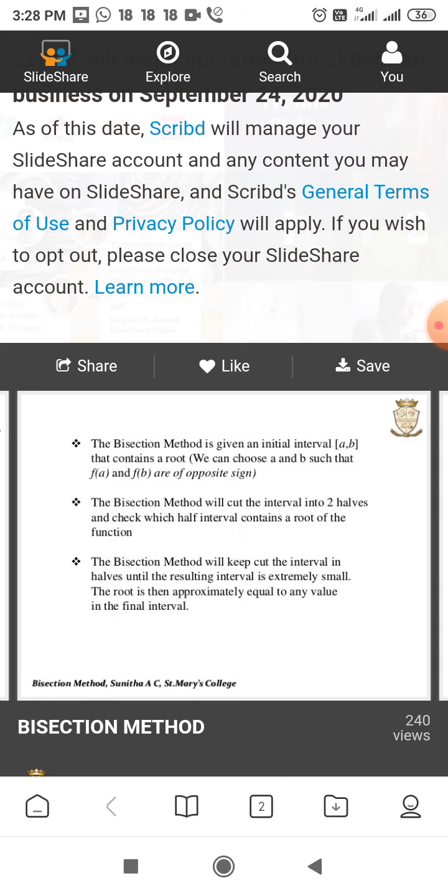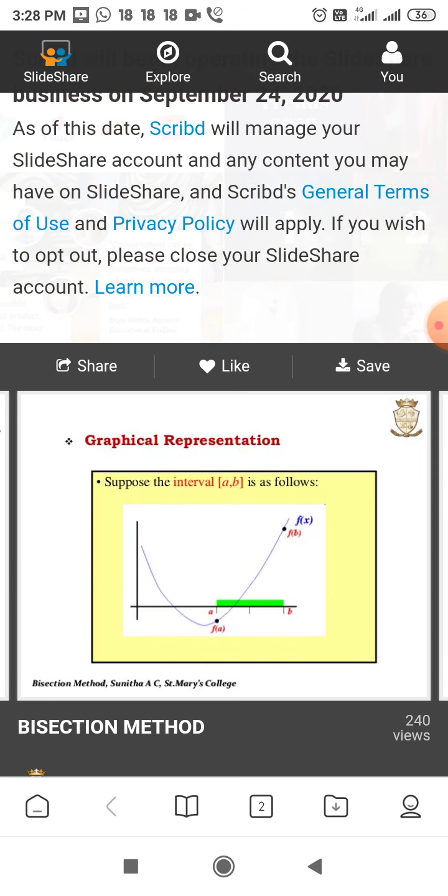Given an initial interval AB that contains a root, the bisection method will cut the interval into two halves and check which half interval contains the root of the function. The bisection method will cut the interval in half until the resulting interval is extremely small. The root is then approximately equal to the value of the final interval.